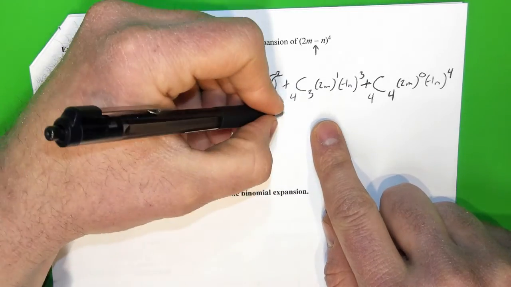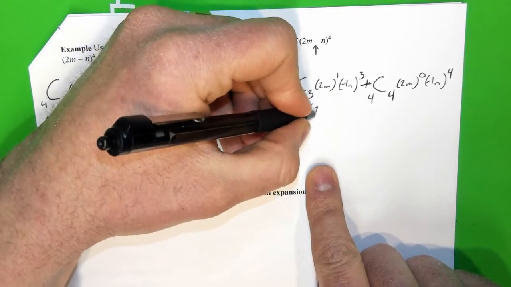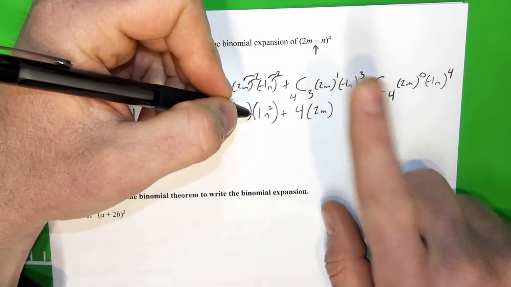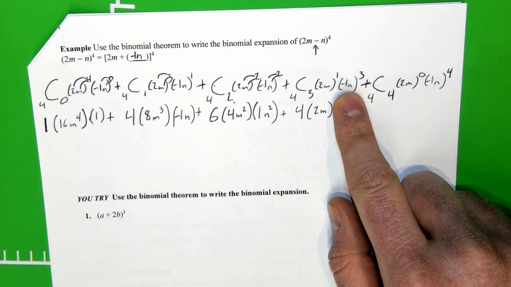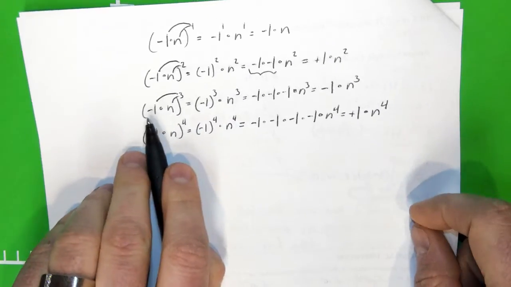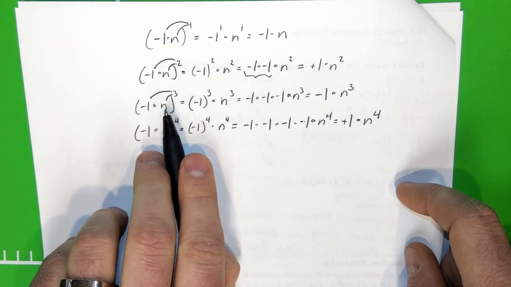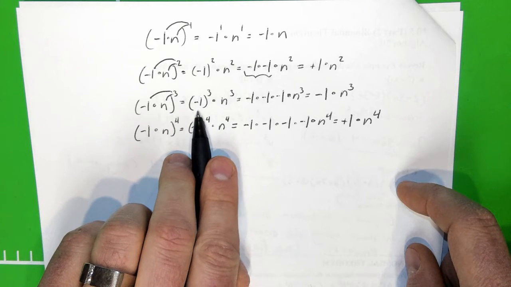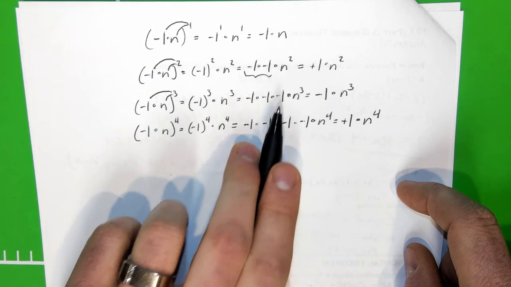4 choose 3 is going to be 4 again. 2 to the 1st and m to the 1st is 2m. All right, now negative 1 cubed this time. So now negative 1 cubed is interesting again. Let's take a look at that one. Negative 1 cubed is right here. Then negative 1 gets the power of 3 and the n gets the power of 3. Negative 1 cubed means negative 1 times another negative 1 times a third negative 1.